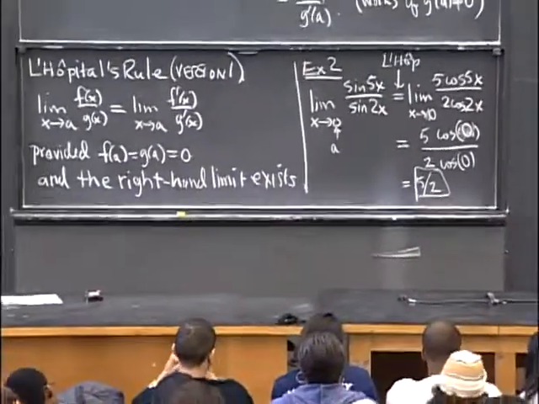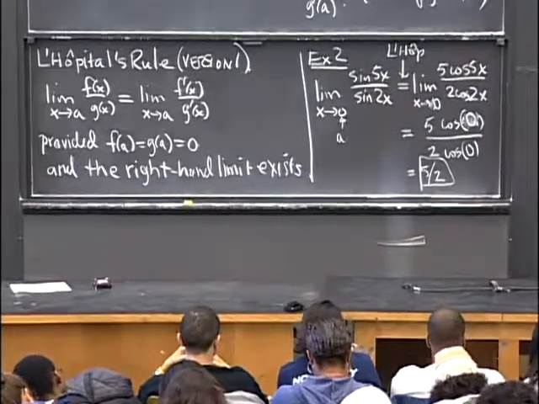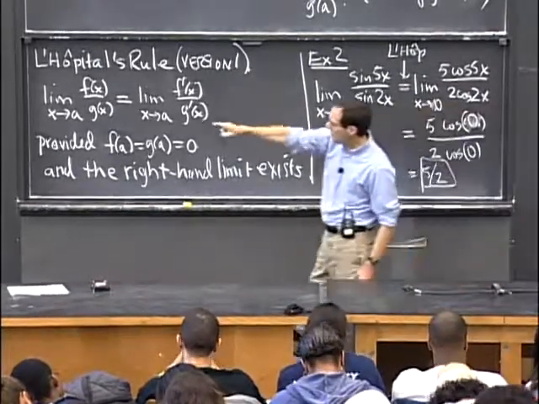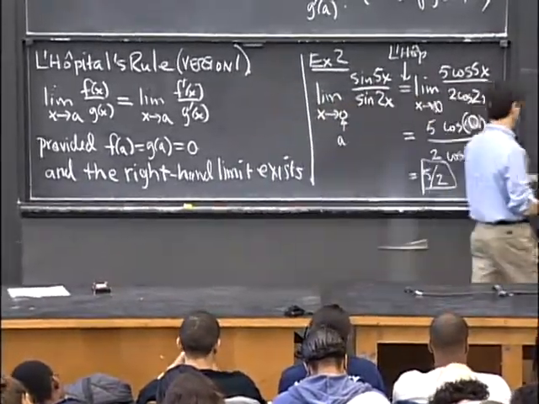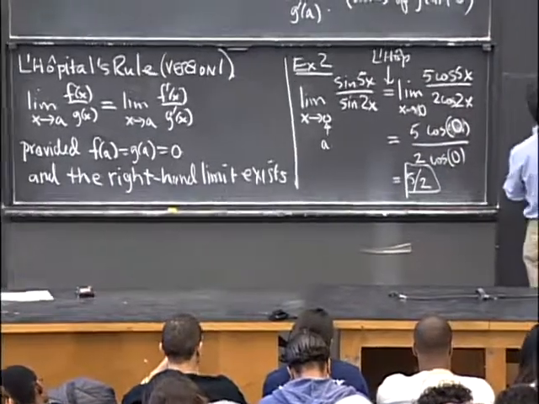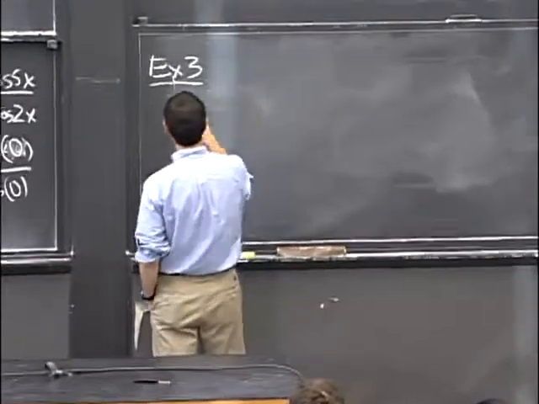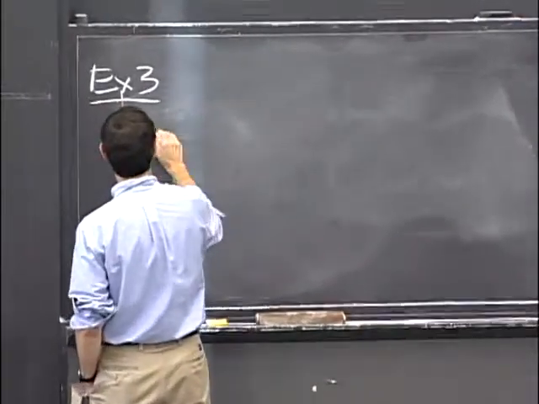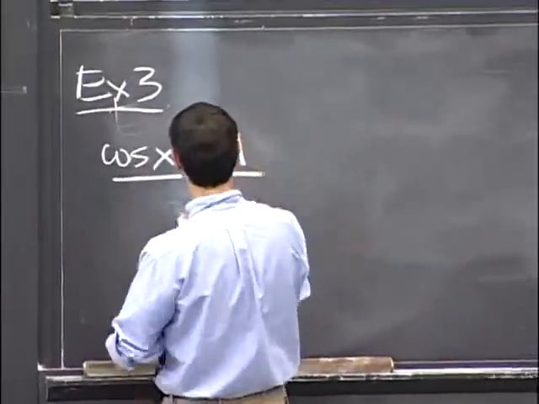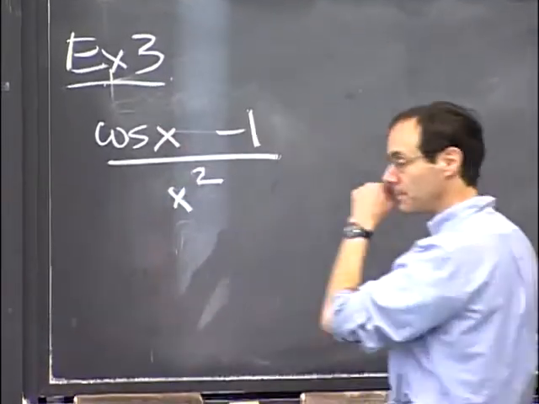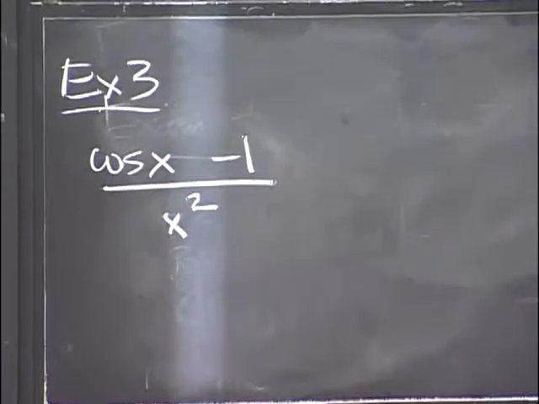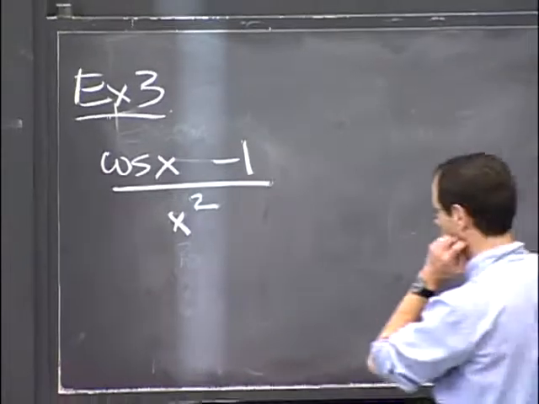Now I'm going to give you another example which shows that it works a little better than the method that I started out with. Here's what happens if we consider the function cosine x minus 1 divided by x squared. All right? So that was a little harder to deal with.